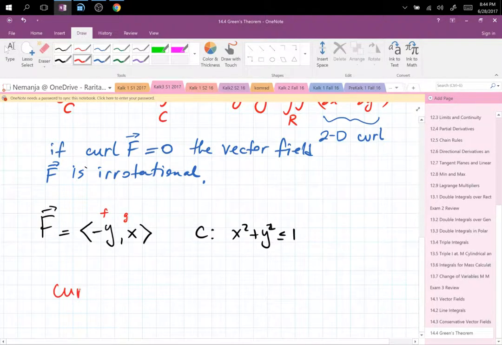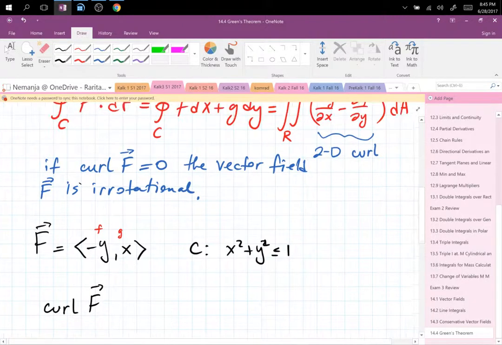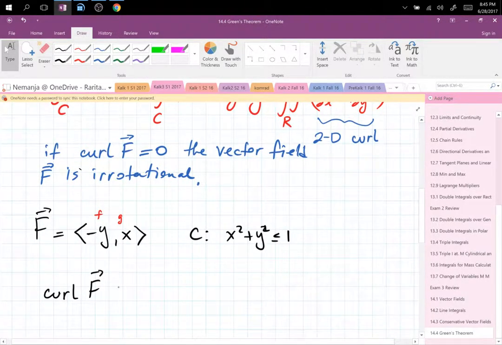So curl F. You will see much more of that in linear algebra, so enjoy the notation. Curl of F is going to be partial g partial x, which is 1, minus partial f partial y, which is negative 1. Curl is 2.